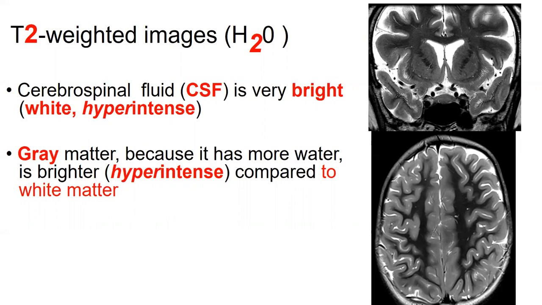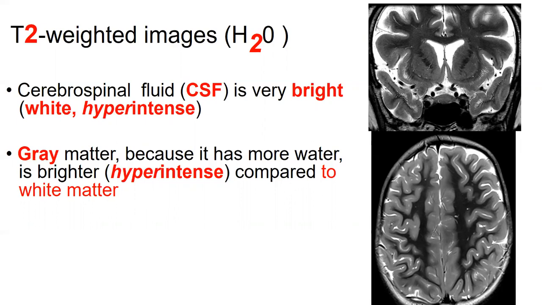Bright, white, hyperintense. Gray matter, because it has more water than white matter, will be hyperintense to the subjacent white matter. So for example, if you look at the bottom panel here, the brightest thing that you're seeing in the subarachnoid space, or above the level of the ventricles, is the CSF.